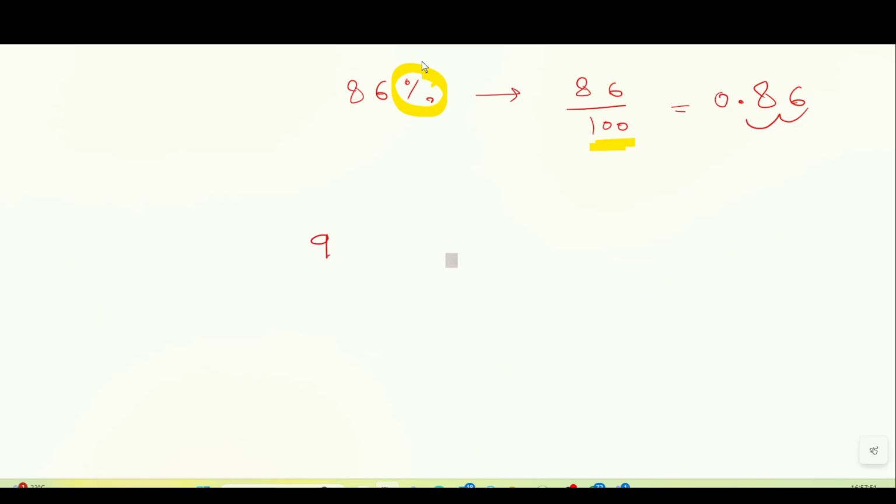So can you tell me 93%, okay, yeah, I can explain it again, sure. Let's take another example. 93%. To convert it, percent means per 100, so 93 over 100.